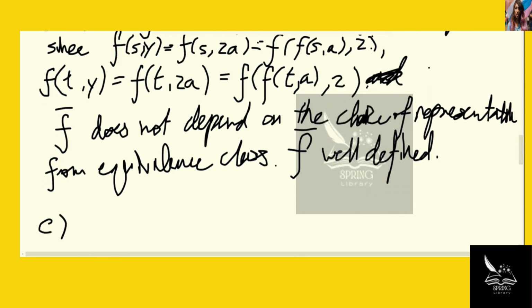Finally, in part C, we are asked to describe a procedure that can be used to construct the quotient automaton of a finite automaton M. So let M be a finite automaton.